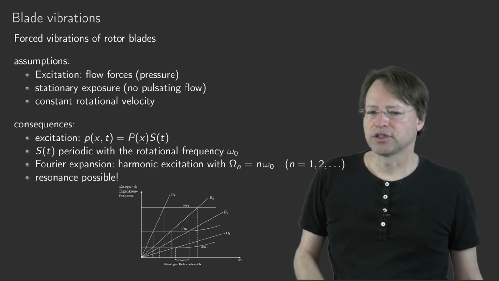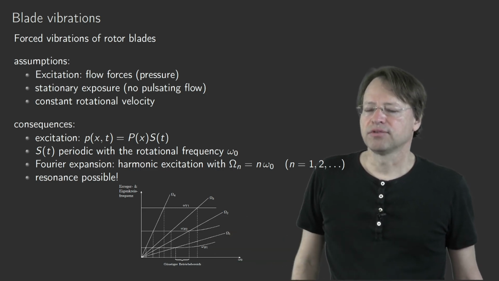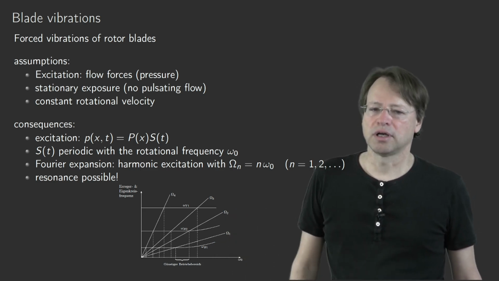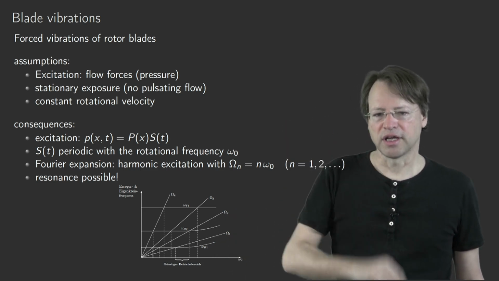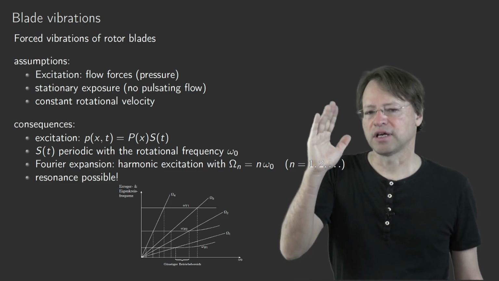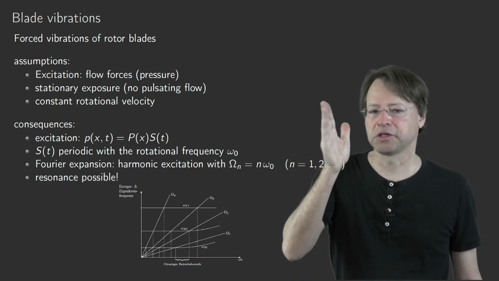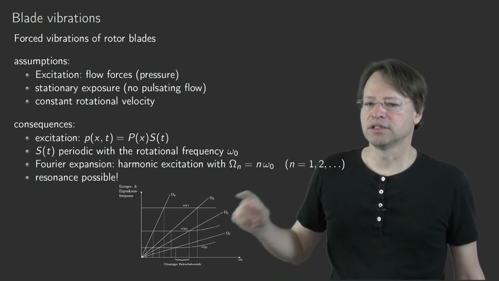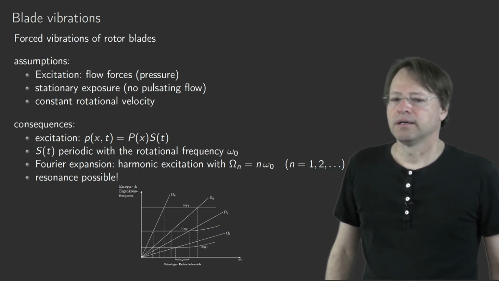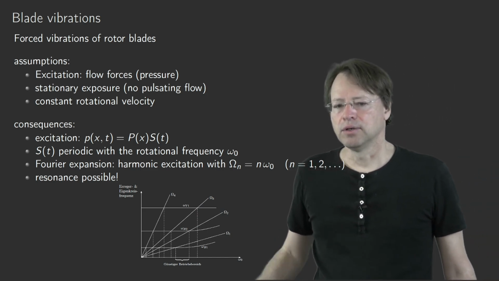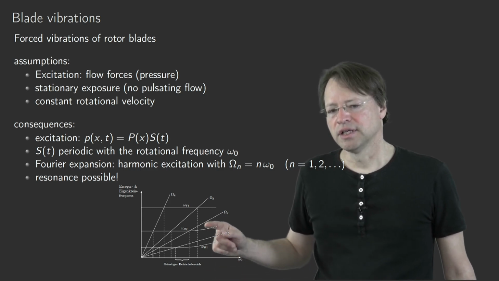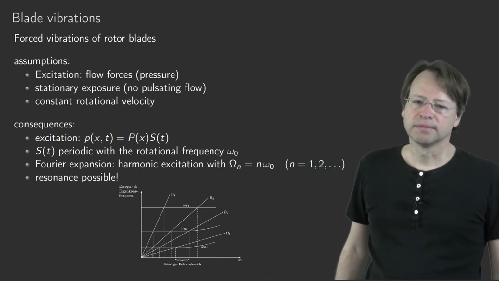So there is one direction where the first bending frequency is much lower than in the other direction. Think of a knife. You have one direction where the knife is very flexible. You have another direction of bending where the knife is not very flexible, and this leads to a much lower natural frequency in the one case than in the opposite case.